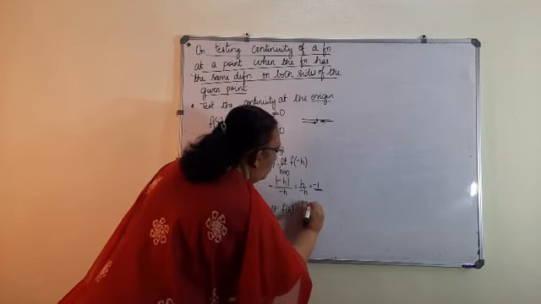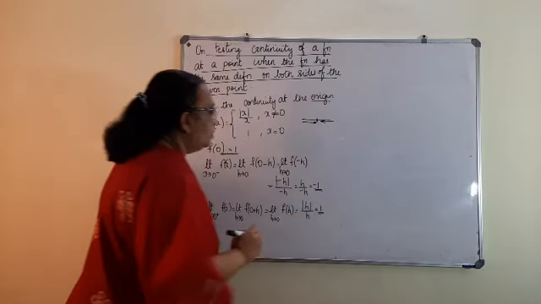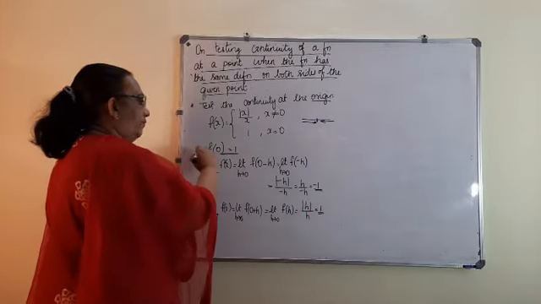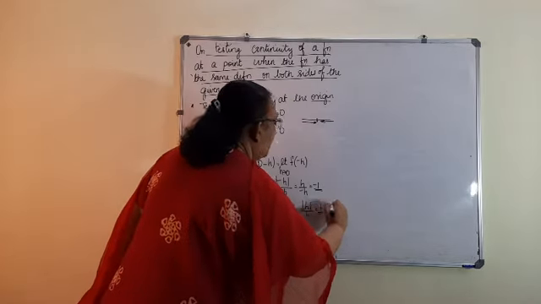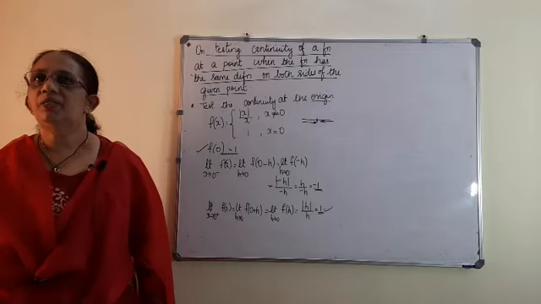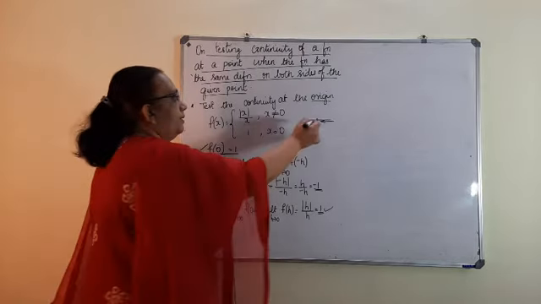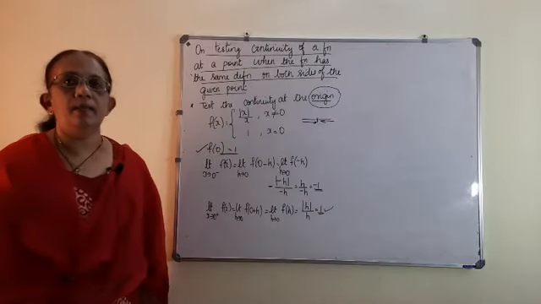It is equal to modulus of h divided by h, and that is equal to 1. So from here you can see that the value of the function at the point and the right limit are equal, but it is not equal to the left hand limit. So the function is not continuous at the origin.